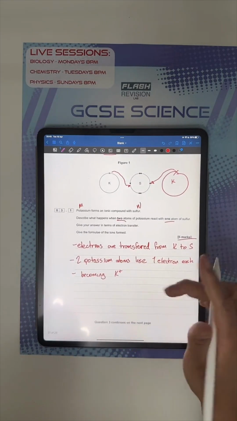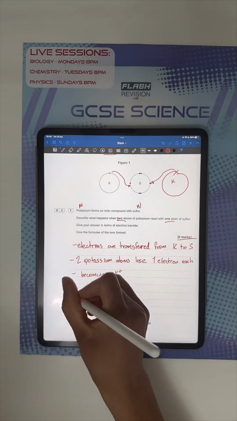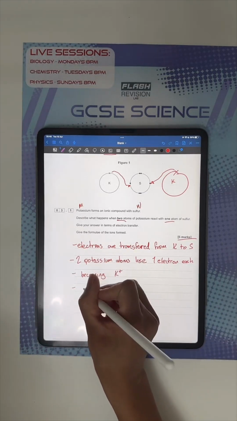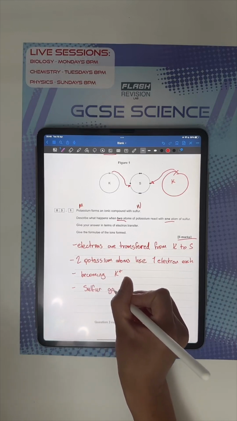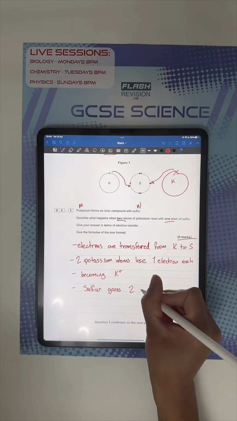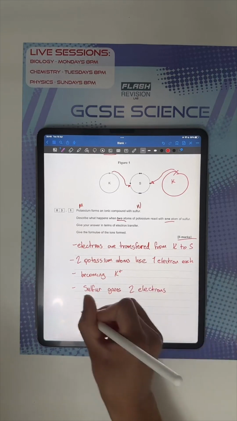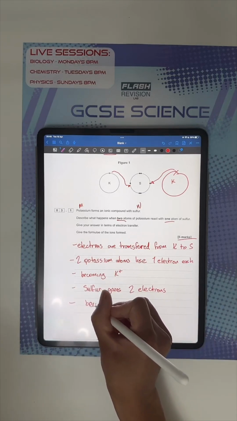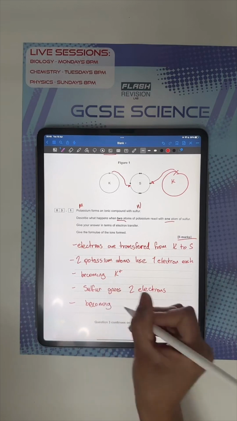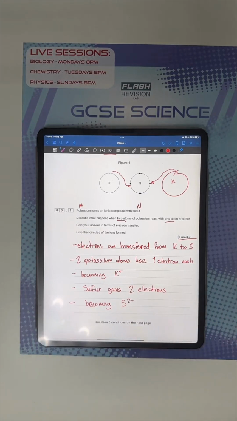Now for the other 2 marks, we just need to say what happens to sulfur. And I think people have been saying that. Yep, so sulfur gains 2 electrons for the 4th mark, and the 5th mark becoming S2-.